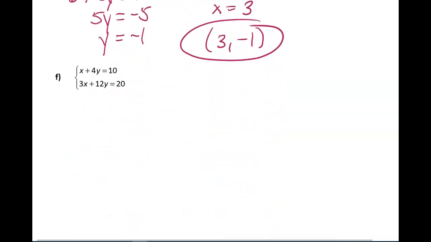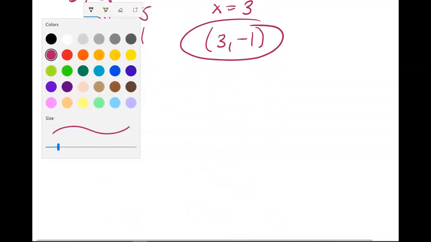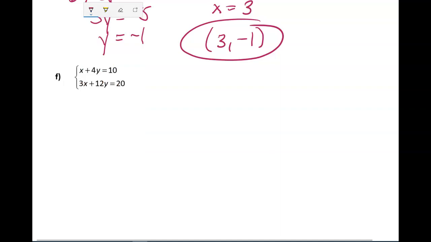Let's do one more. In this one, we have two equations, and if we want to use the elimination method, we can notice that the least common multiple of the x coefficients is 3. The coefficient of x is 1, the coefficient of 3x is 3, least common multiple is 3.